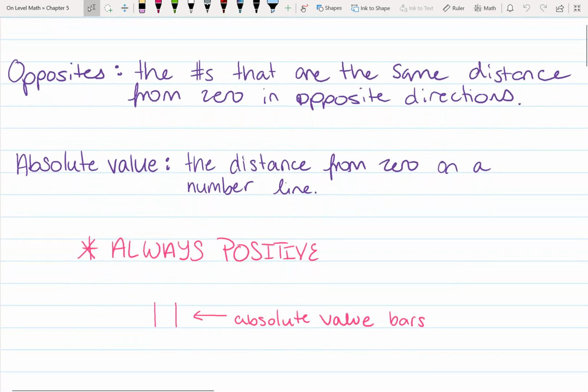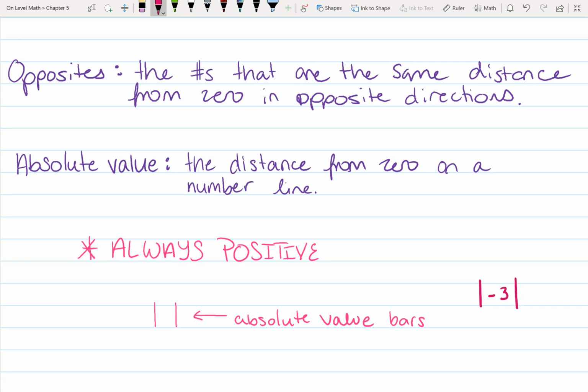So, absolute value is shown using absolute value bars. Now, sometimes it gets a little tricky because these bars, if you're not careful, could look like ones, right? But you would see, for instance, if I said absolute value of negative 3, right?